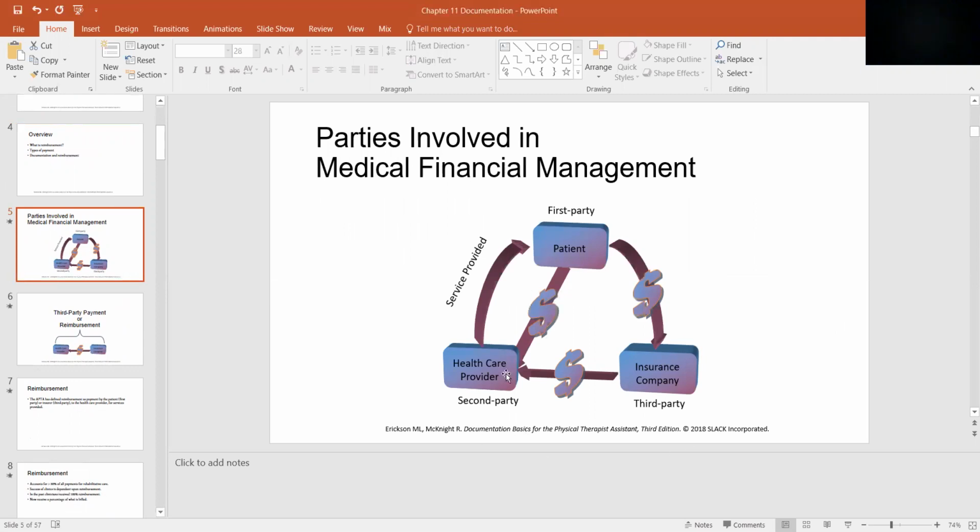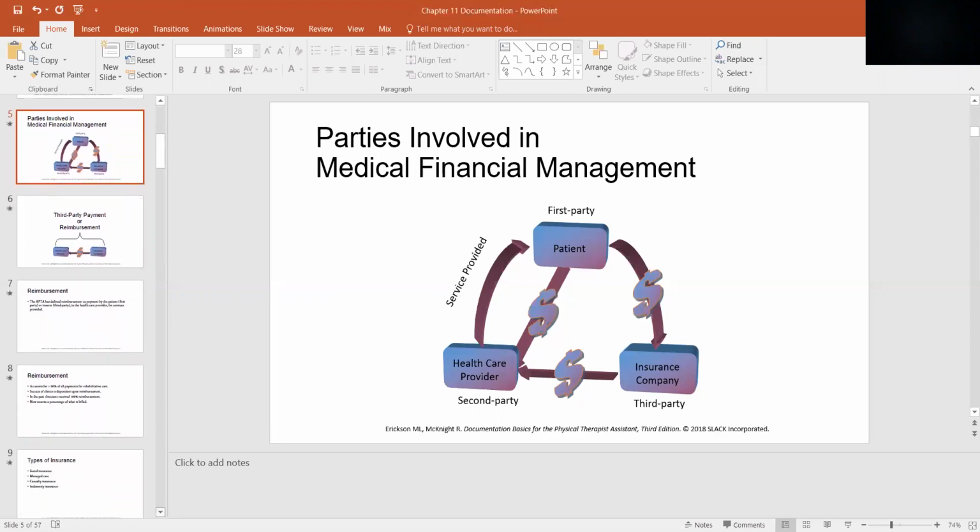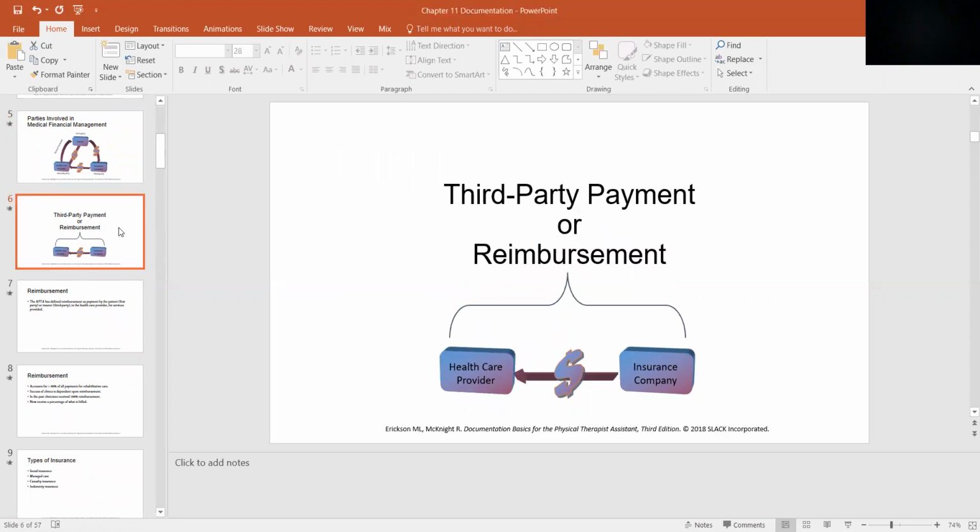So we have us, the healthcare provider, providing services to the patient, and the patient will either pay us, or if they have insurance, their insurance company will pay us. And as we know, medical expenses can get expensive, and so it is good to have health insurance to help with that, and therapy is no exception, though we are much more cost effective than some other things.